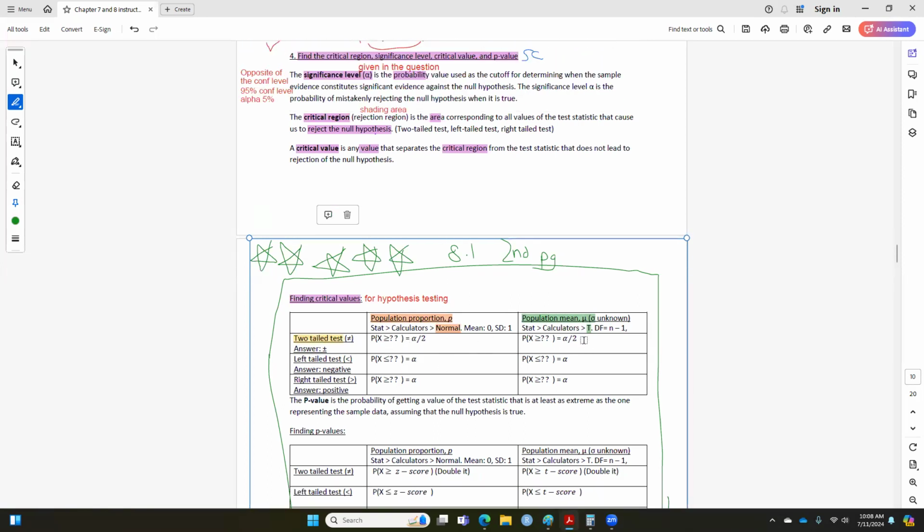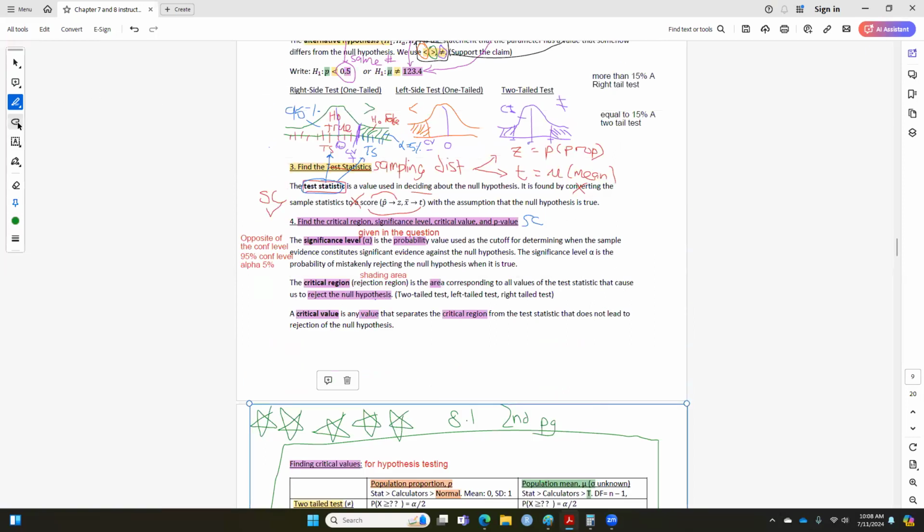The reason why it is alpha over 2 is because you break it into two pieces. Alpha is a shaded area. If you want to find, for example, a 95% confidence level here, then this alpha will be shared by these two tails.